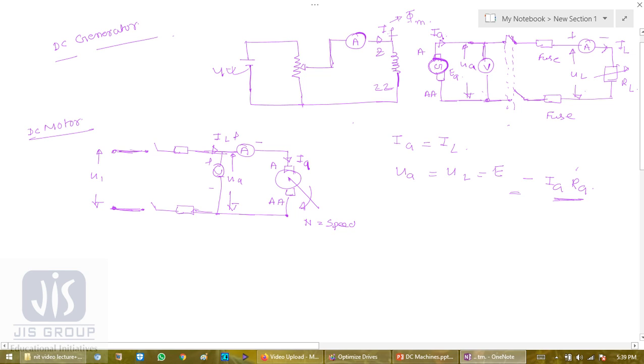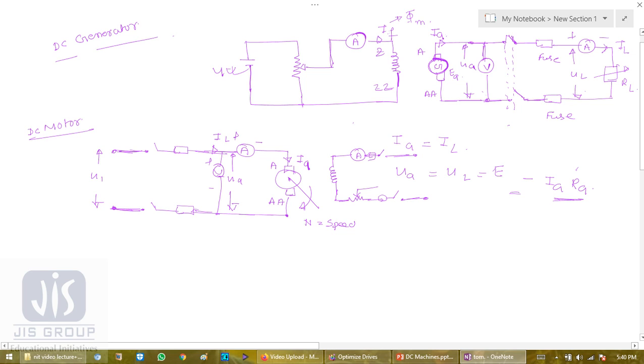Okay, so the field system will be a separate one. This is my field system, which is connected to a variable resistance. And I will connect an ammeter here, and this is again connected with a fuse arrangement system and double pole single throw switches.